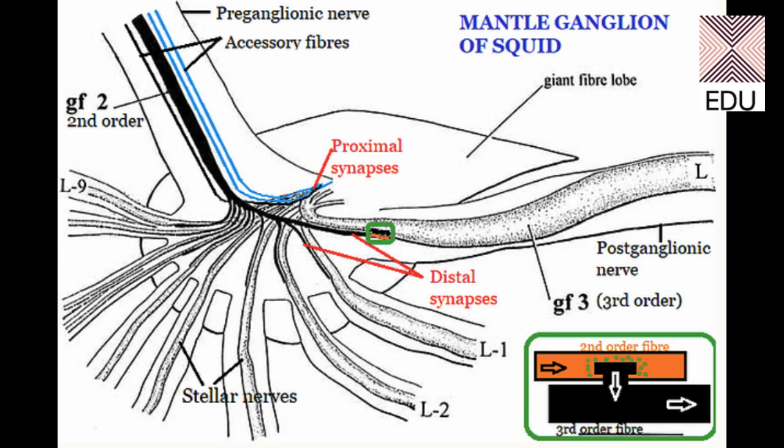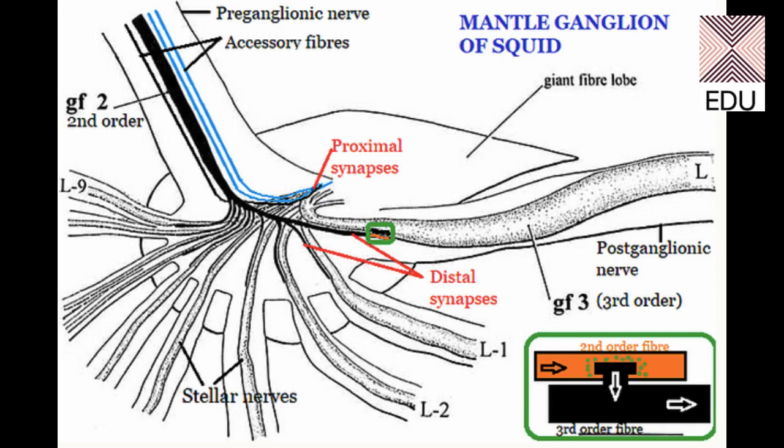Now inside this pre-ganglionic nerve we have different types of fibers. The fibers which are thin in diameter are called the accessory fibers, which are labeled here in blue and black color.